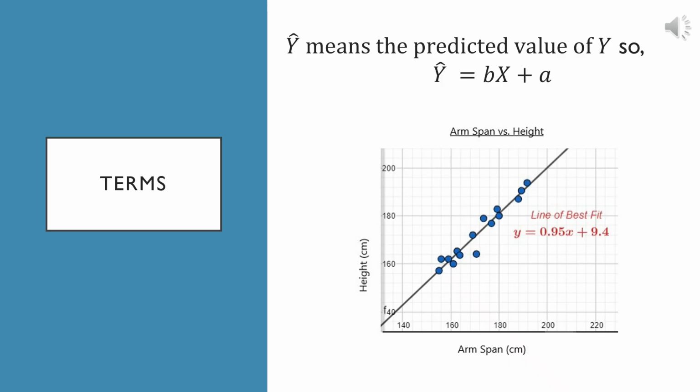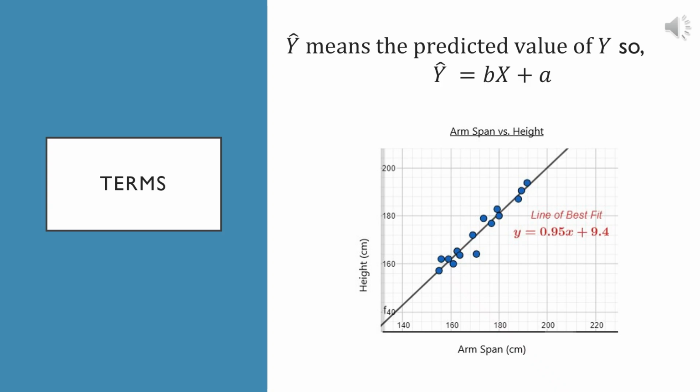It's the predicted value of y at a specific value of x. Predicted. So you can see on the line of best fit in this figure, the line passes through some points, but also there's parts where there's just the line there, and there's no actual data.